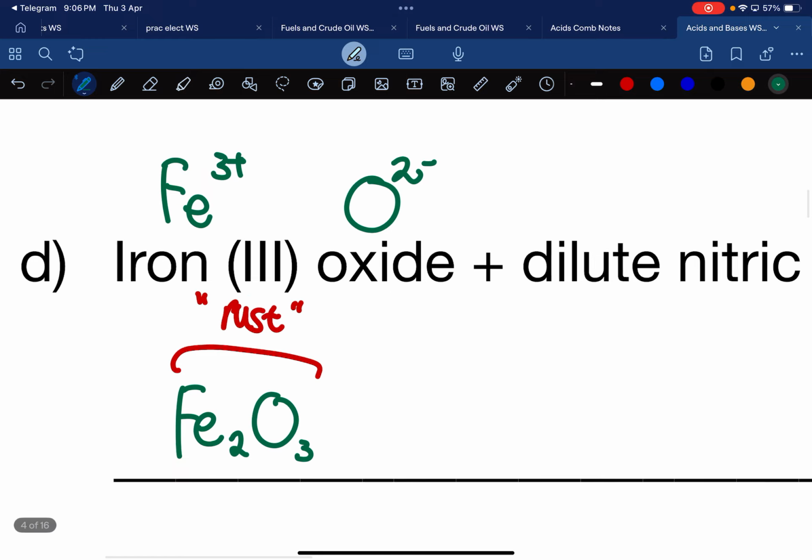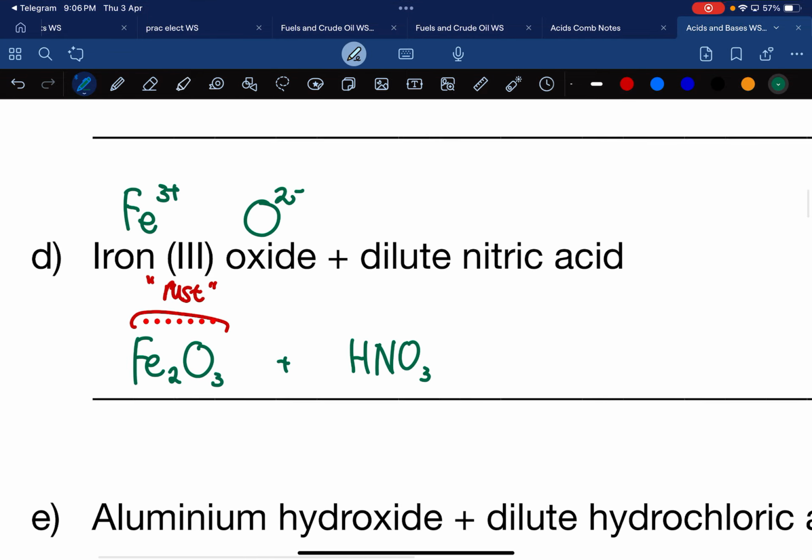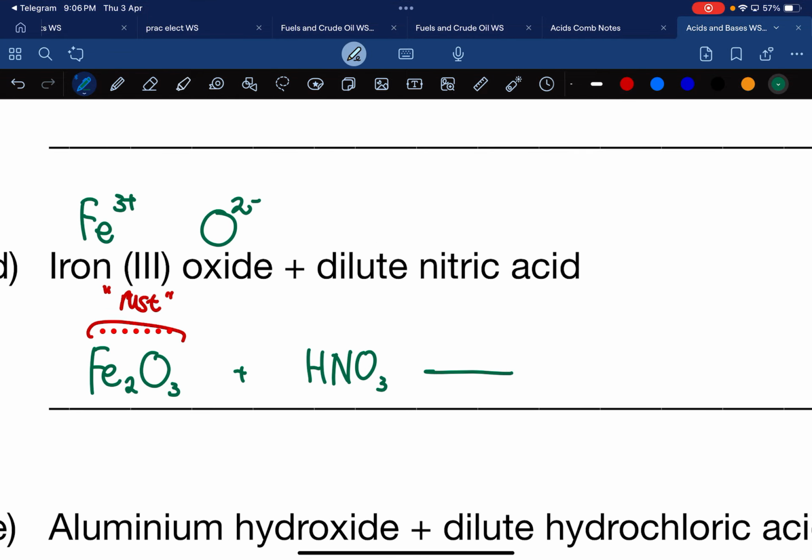What's nitric acid? HNO3. What salt will I form? I will form iron nitrate, you are right.